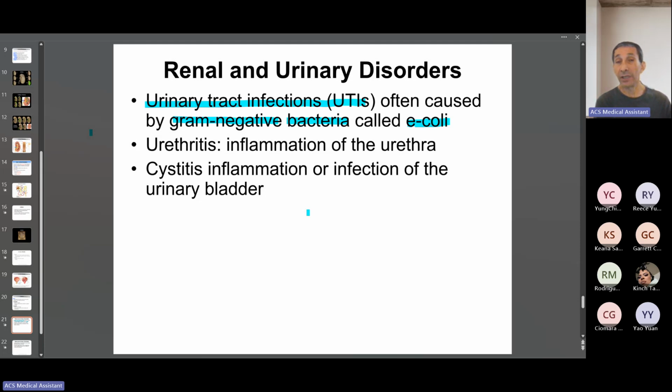The urine has to be collected differently. You can't just say, oh, go get me some urine and that is it. No, it is done differently.